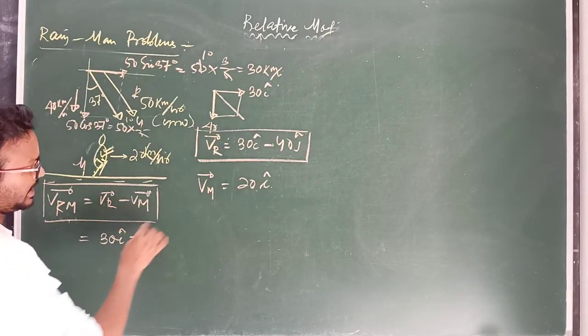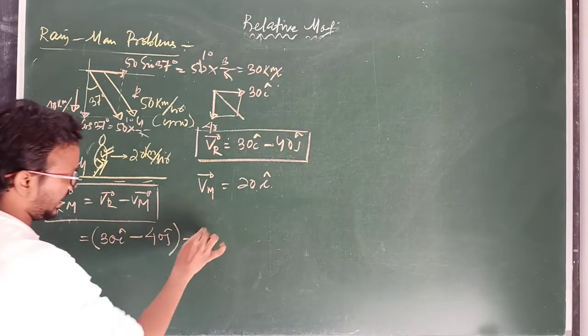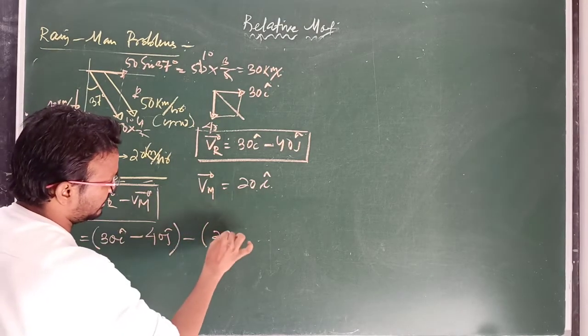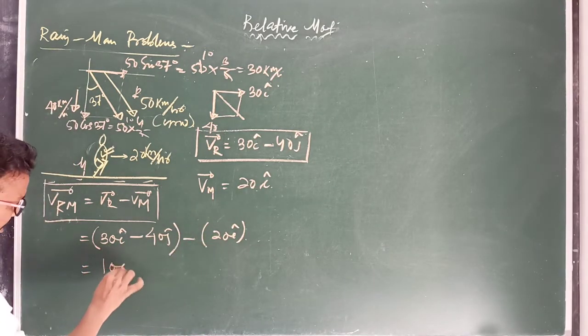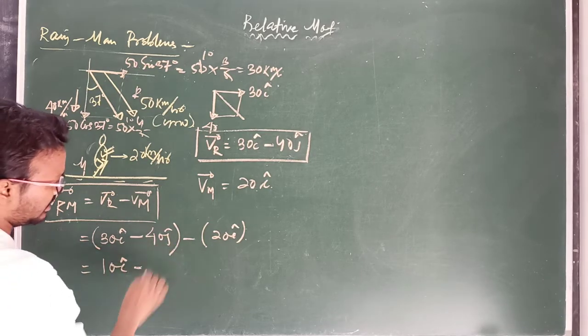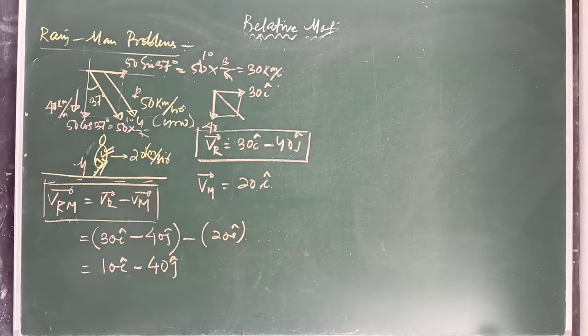Vr minus Vm means 30 i cap minus 40 j cap, negative sign, velocity of man 20 i cap. If you solve, 30 i cap minus 20 i cap gives 10 i cap, minus 40 j cap. Clear? So this is the resultant velocity of rain with respect to man.